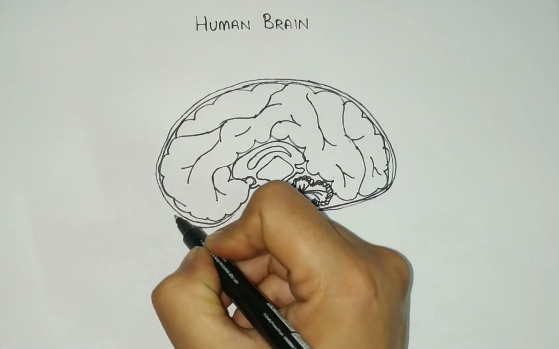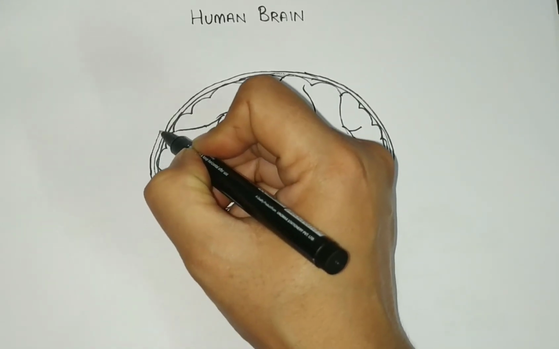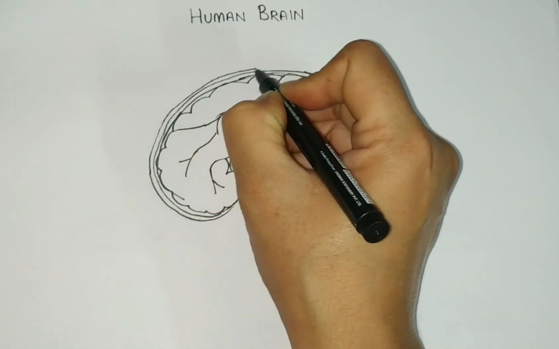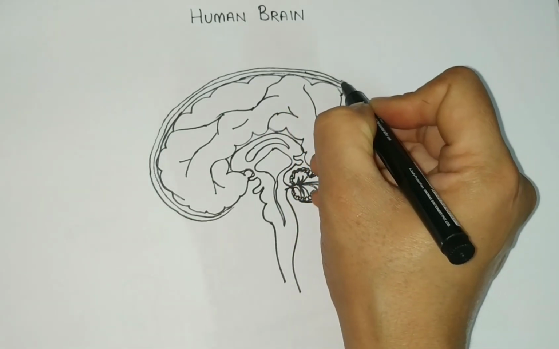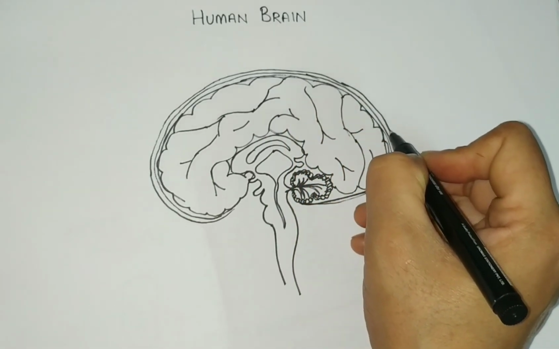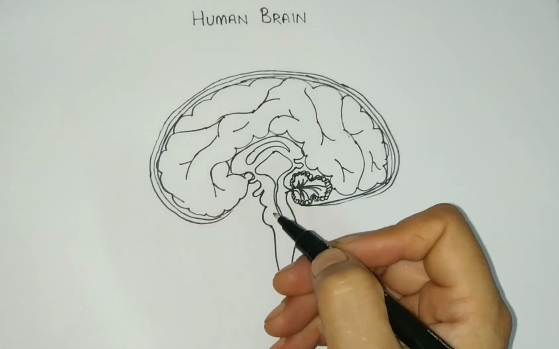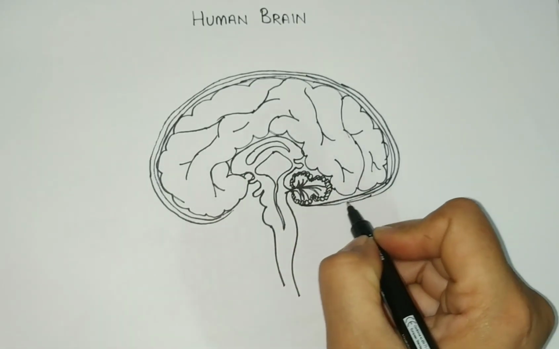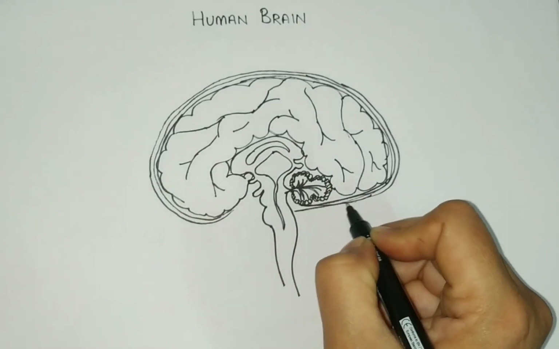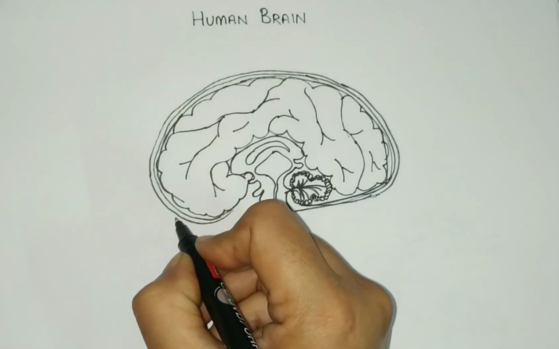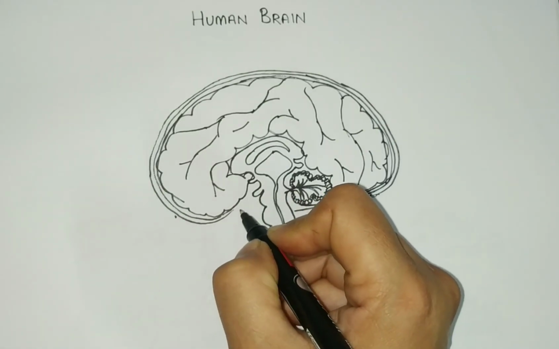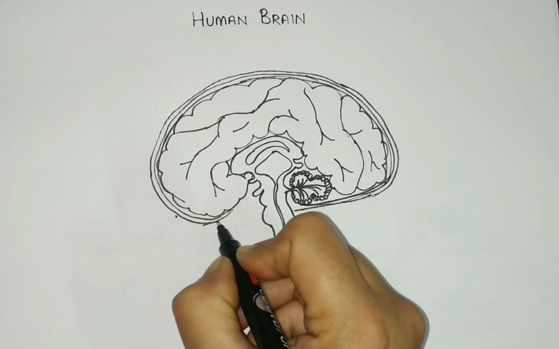And after these 3 layers, there is a skull, a bony skull, the bone structure which we call khopdi, that is also present over it. Now here comes the last one, the skull, which we call.